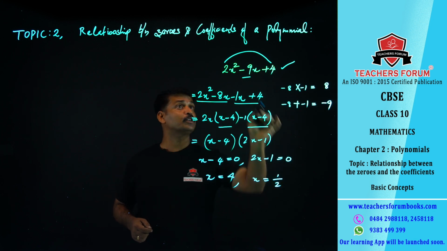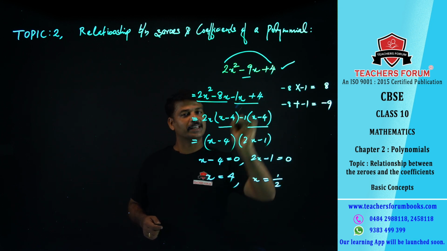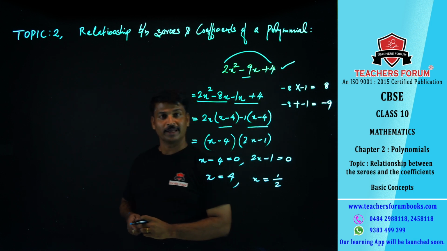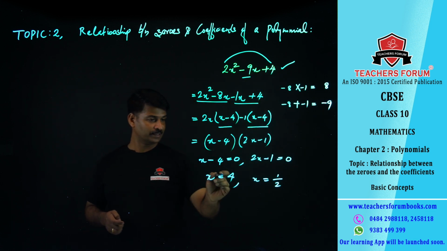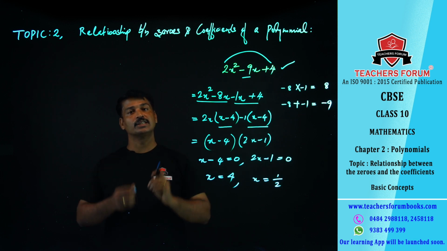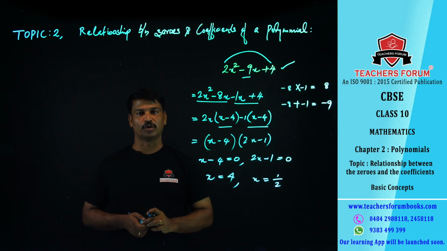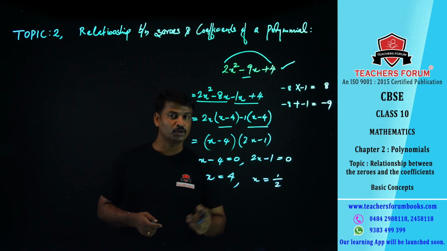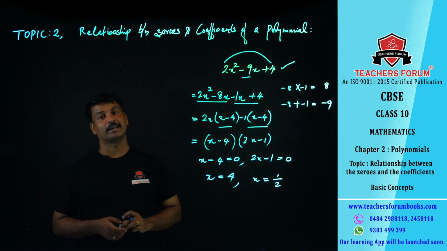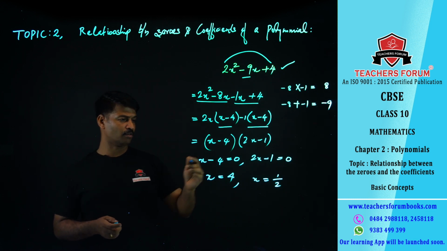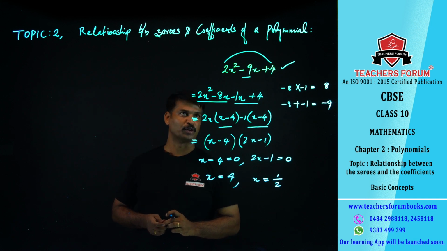If you substitute 1 by 2 for x, then also you will be getting the value as 0. That's why these are called the zeros of this quadratic polynomial. These are also known as roots of the quadratic polynomial.